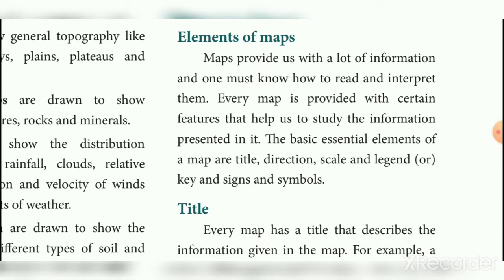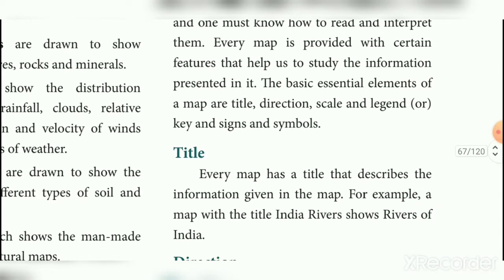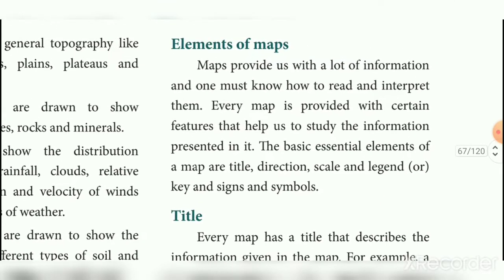Legend or key, and signs and symbols. With the key and signs and symbols, we can understand this is a mountain, this is a hill, these are river bodies or sea bodies, and the roadway, railway, etc. So with these signs and symbols, we can understand the concept. This is what we call elements of maps. So what are the elements of maps? Title, direction, scale, and legend or key and signs and symbols.